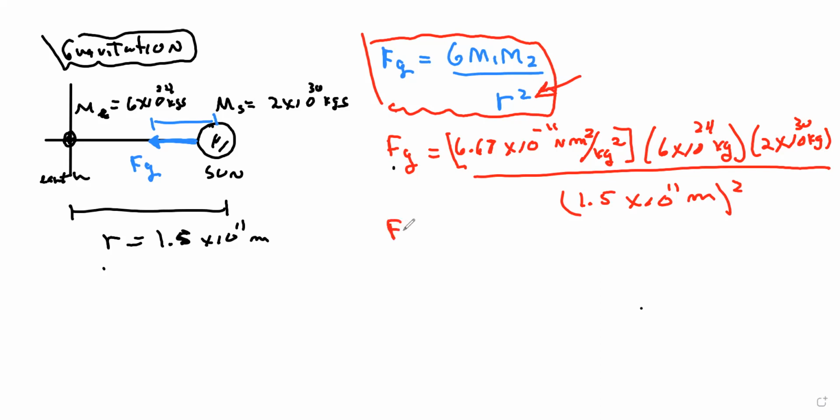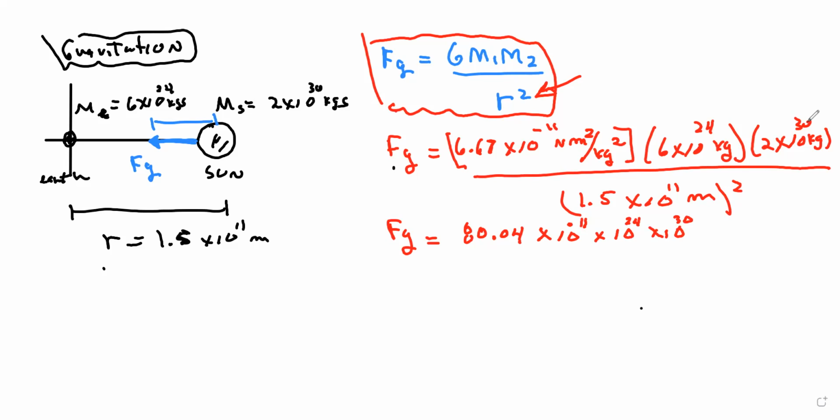So the force of gravity is going to be, if you do this multiplication at the top, you're going to get 80.04. Let's go with the units. You got newtons. Well, that's 10 to the minus 11 times 10 to the 24 times 10 to the 30.